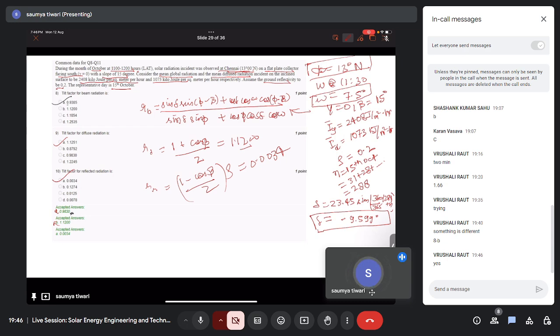Now, if in the same question, the monthly average hourly radiation on a tilted surface has been asked, how would I have calculated this?